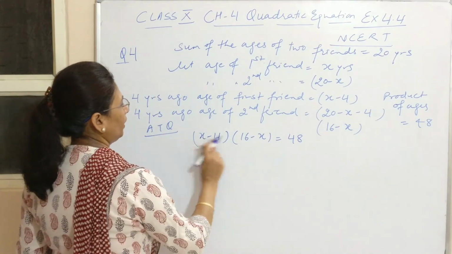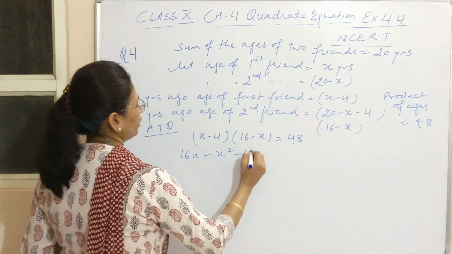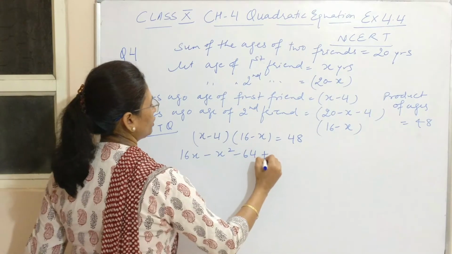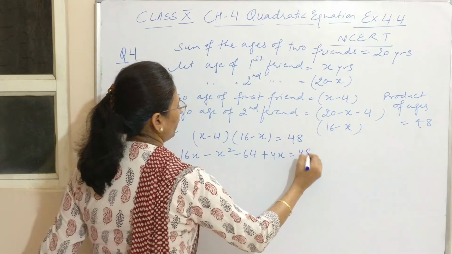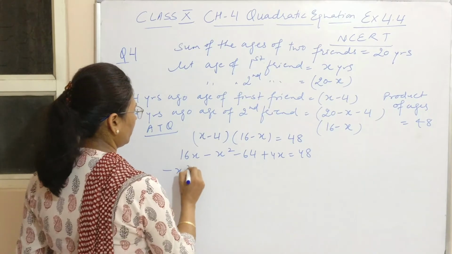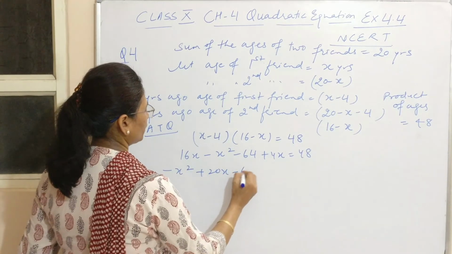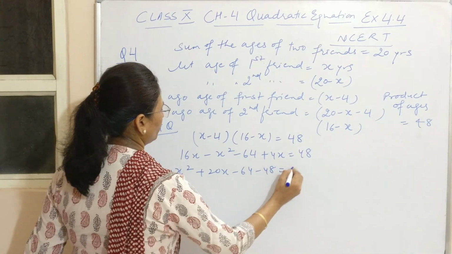Now you will multiply: x into 16 is 16x, minus x square, minus 64, and plus 4x is equal to 48. We can shift it to the right or we can change the sign later on. This is plus 20x minus 64 minus 48 equal to 0.